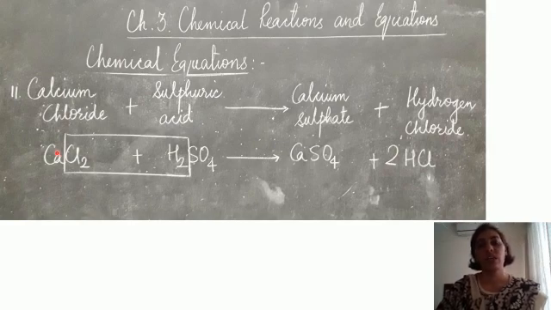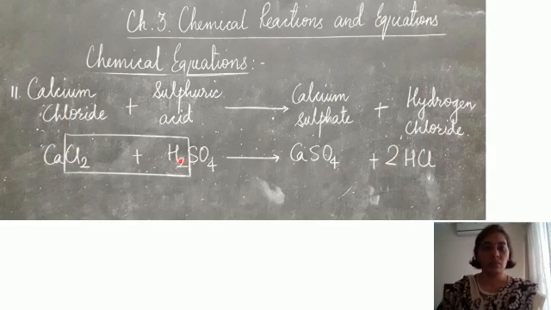The only thing is how we can easily remember the products. So for this again I have made a box here. You get one product, calcium and sulfate, that is calcium sulfate. Now this you can write down directly because calcium is 2 plus and sulfate is 2 minus, so both get cancelled and you get the formula for calcium sulfate.